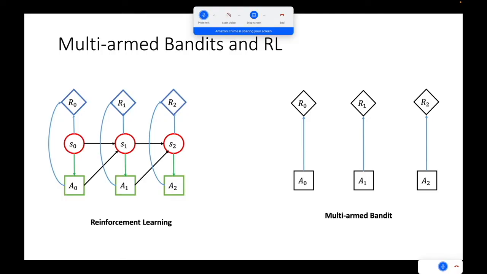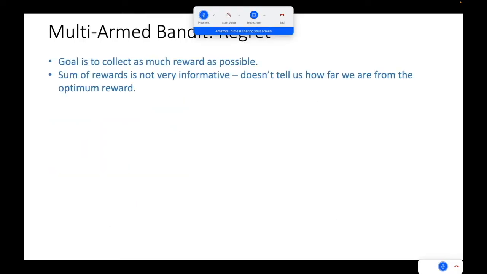Now, as there are no states in a multi-arm bandit setup, the actions that we have taken in the current state do not directly influence our rewards or long-term rewards, which is why it's a common practice not to involve a discount factor in the objective of multi-arm bandit.